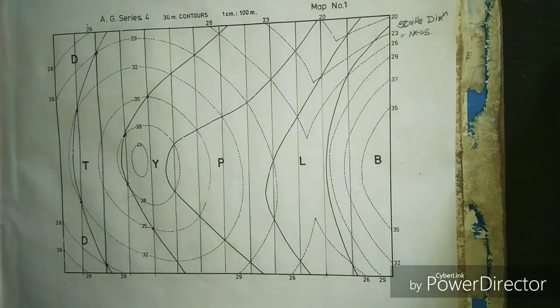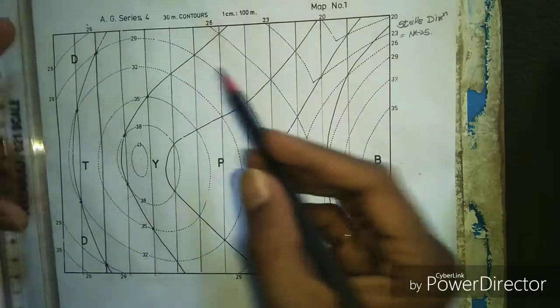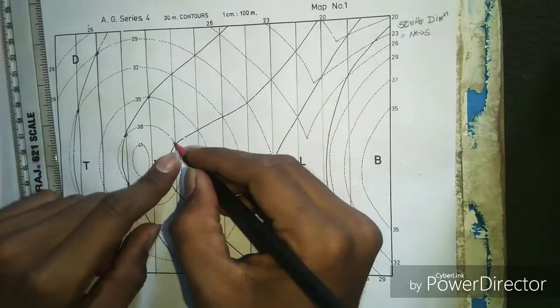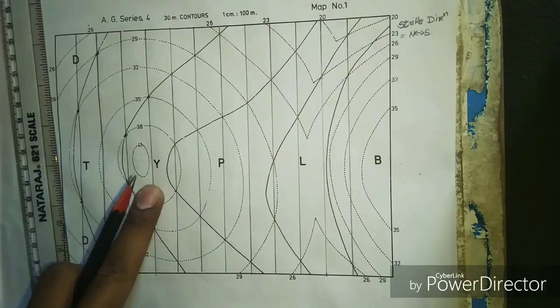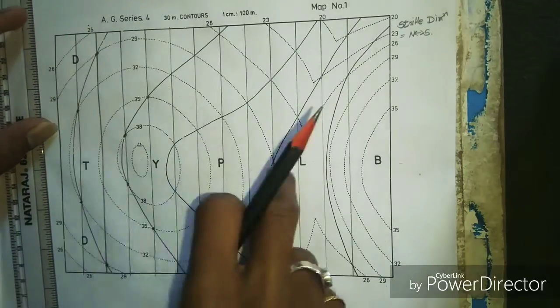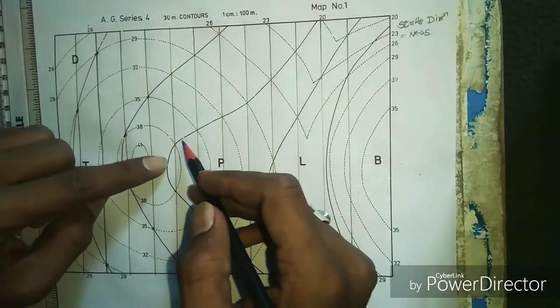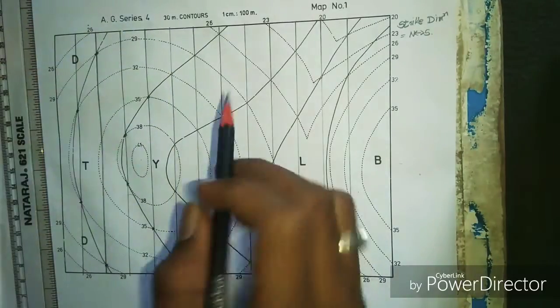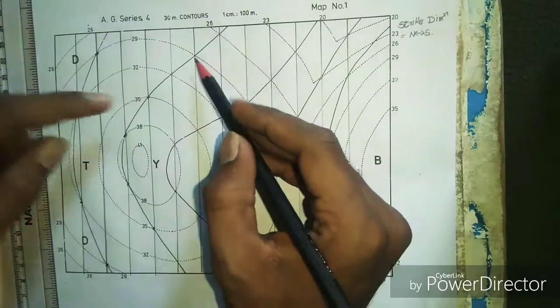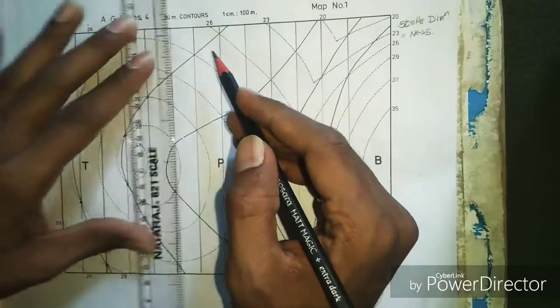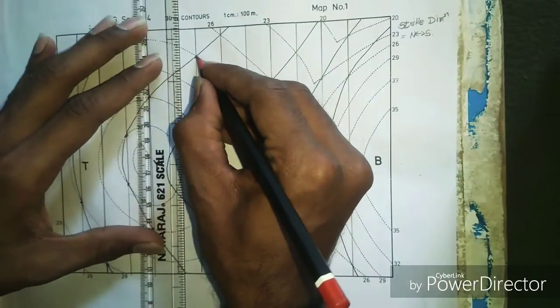Then with the help of these strike lines you can calculate the thickness of the bed also. For every separate bed you can calculate the thickness with the help of these strike lines, but you have to consider one strike line.